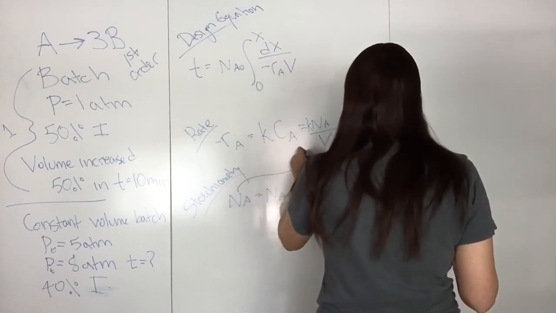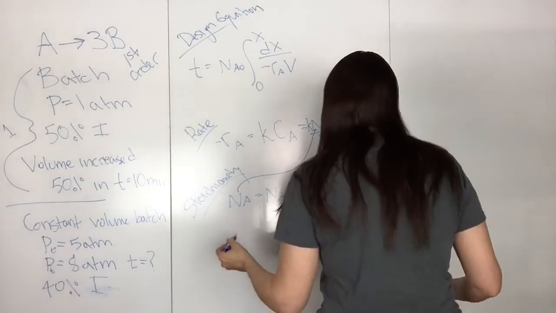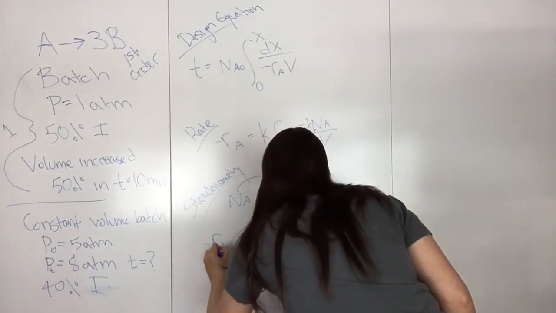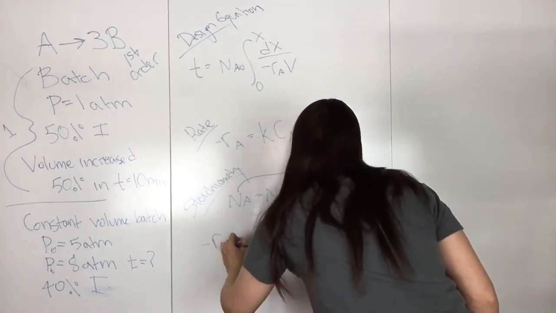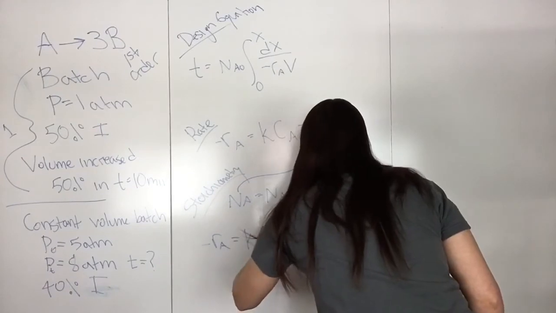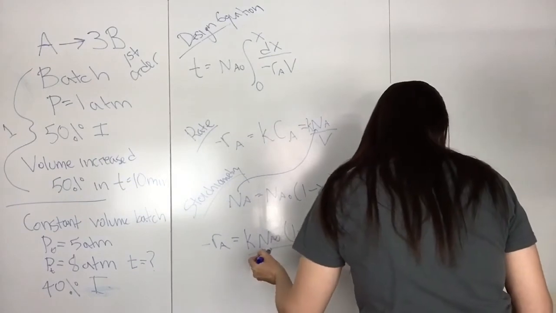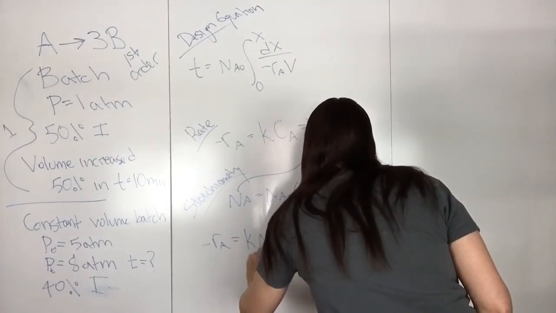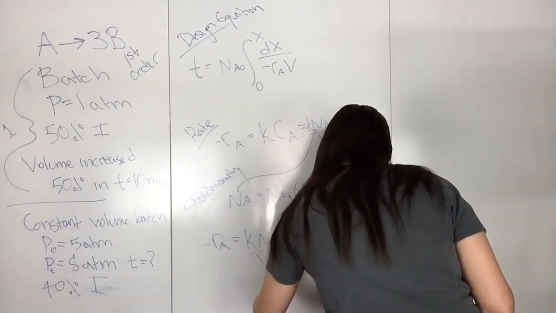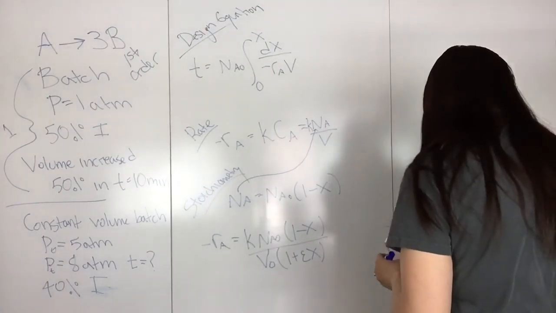So then if I plug this into here, I get minus r_A is equal to K Na naught (1 minus x) over V naught (1 plus epsilon x).